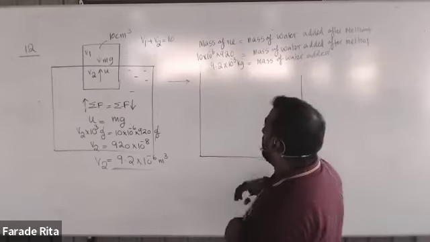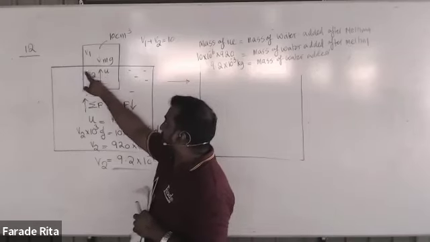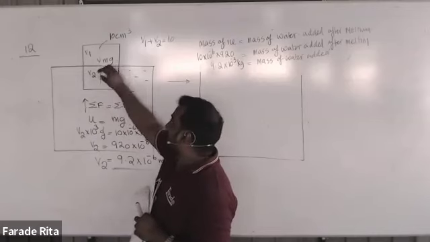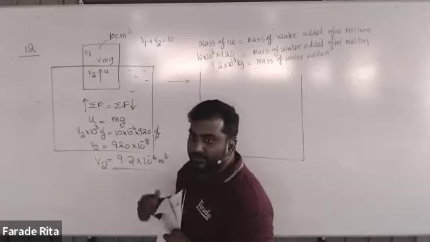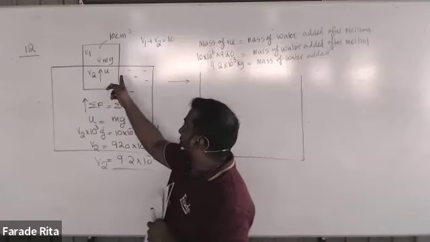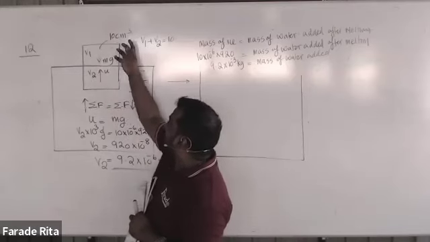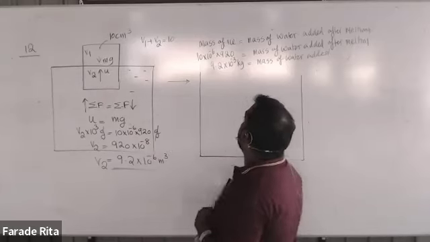Because this bottom volume is the submerged volume. If the volume added is more than this volume, it will overflow. Is it clear? The space in the bottom is taken by ice. When this completely melts and adds, if the volume added is more than this space, it will overflow.